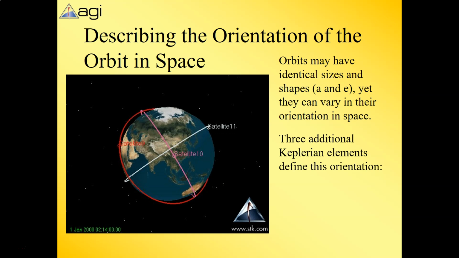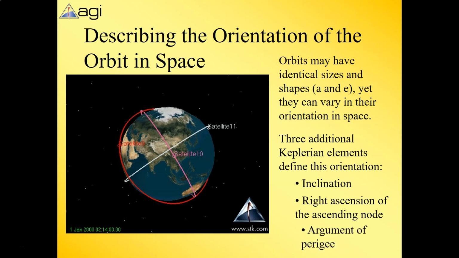Two define size and shape. Three define the orientation. The first one is inclination. The second one is what's referred to as the right ascension of the ascending node. And the third one is referred to as the argument of perigee.